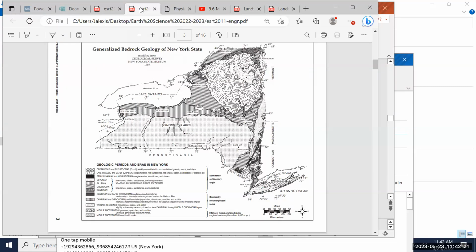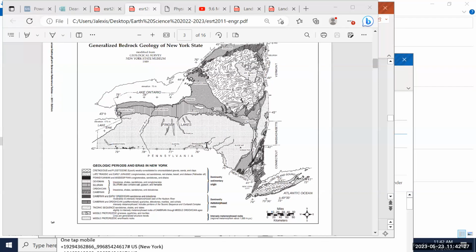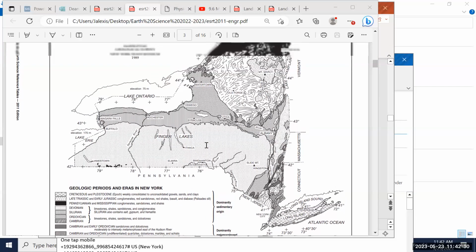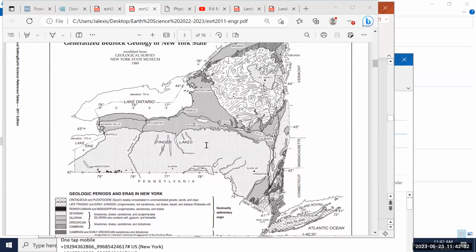So when I take a look at page 3, and let me just zoom this in more, when I go from Albany to Massena, Albany is right here. Move this out the way, apologize.